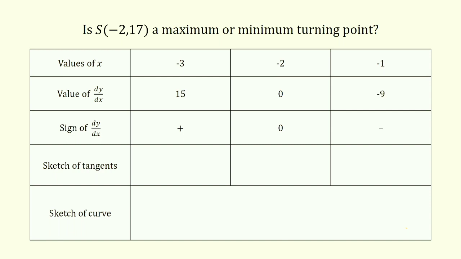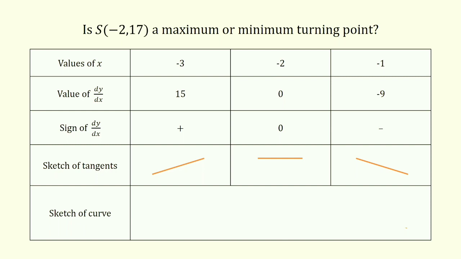Now we can sketch the tangents by using the sign of dy/dx, which will be positive or negative. Now the first column, we know it's a positive 15. So the tangent would be in ascending order. And the second column, we know it's just a 0. So it won't be ascending or descending, it's just a straight line. And for the third column, we know it's a negative 9. So it will be in descending order.